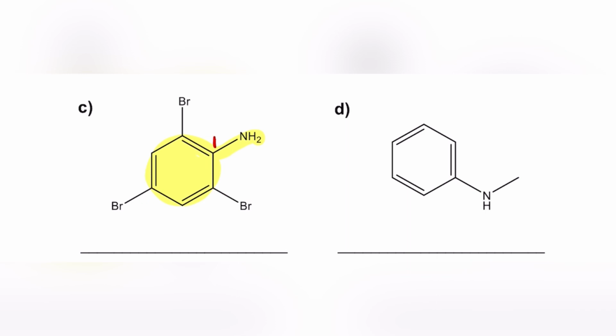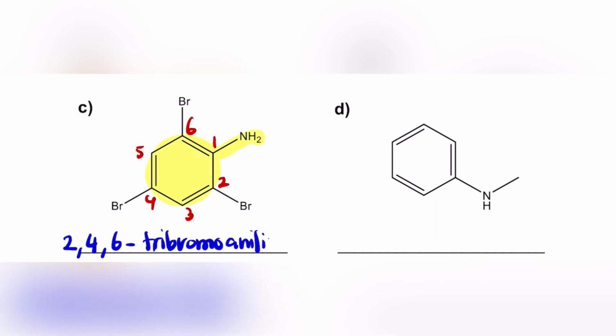So I'm going to start from here, second, third, fourth, fifth and sixth. So kita ada bromo, Br, dekat position carbon number 2, 4 and 6. The name will be 2, 4, 6-tribromo, and then the parent is aniline.